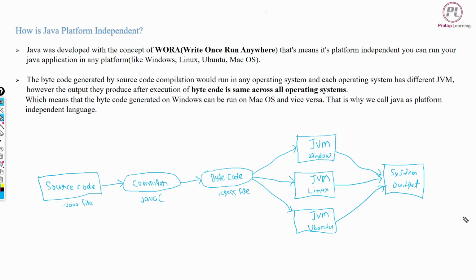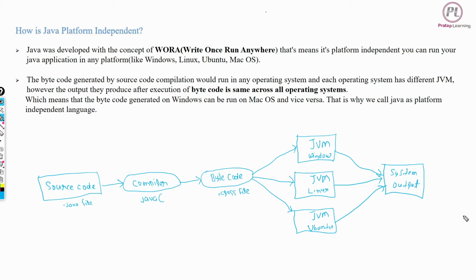So JVM setup will change according to each operating system and code will not change. So just keep this line in mind. Only JVM setup will change and code will not change anywhere. So for each OS we will have a different JVM, but the output will remain the same.